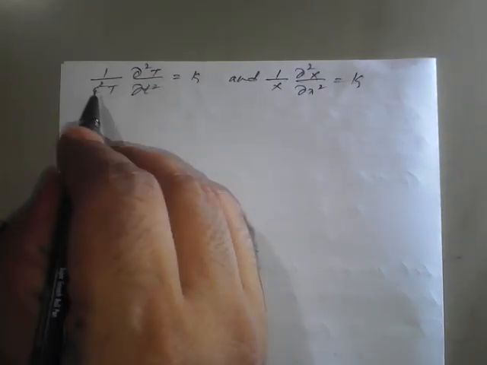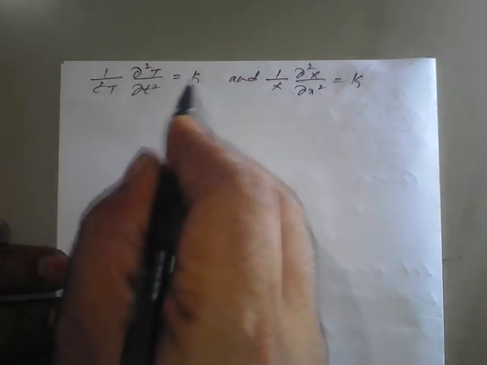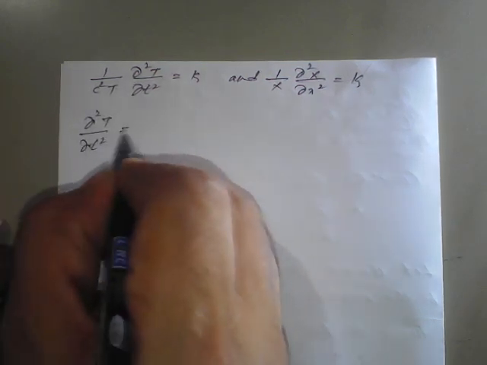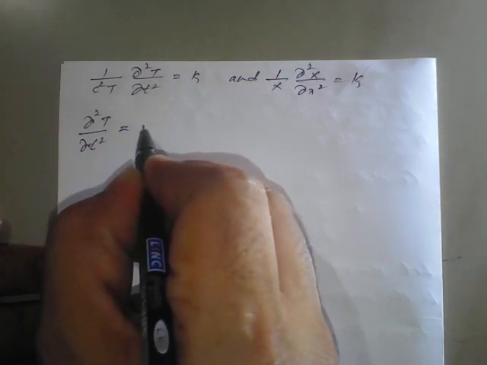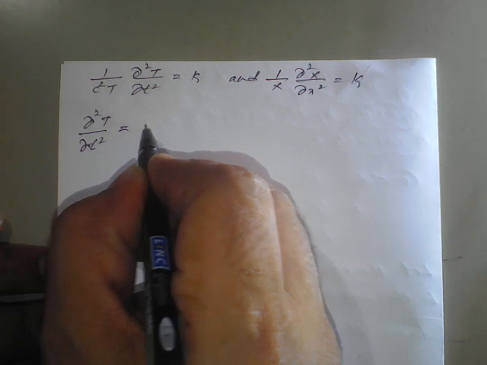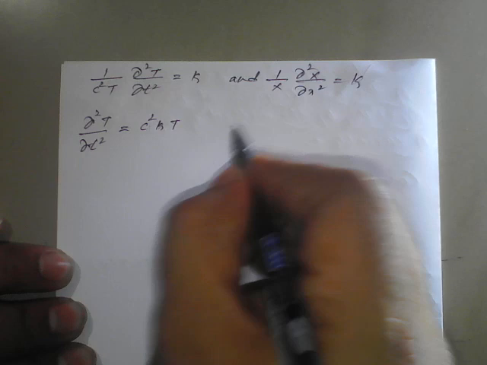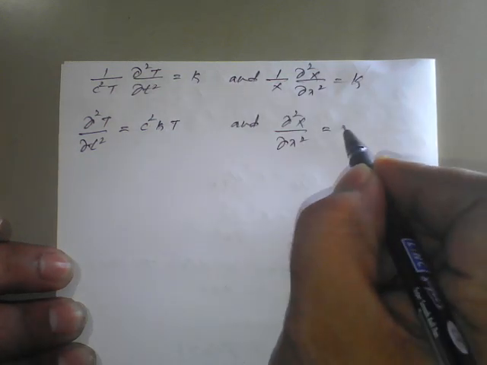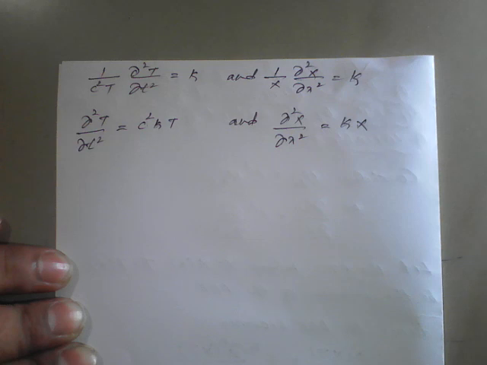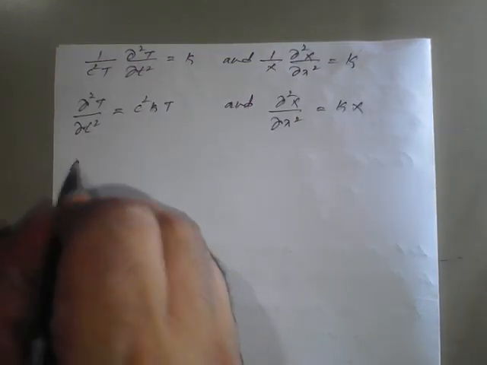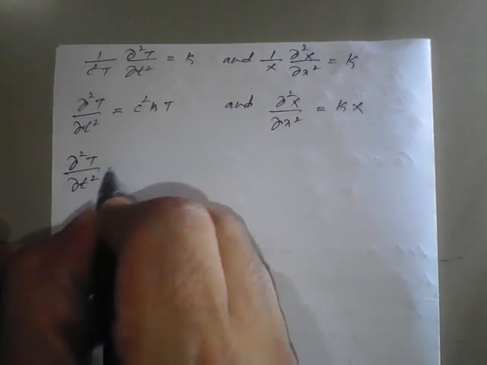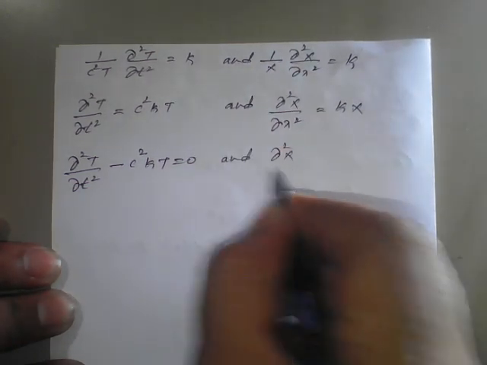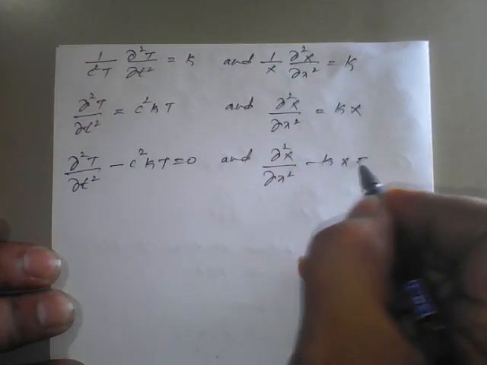Now rearranging, cross multiply c square T to the right hand side, which is multiplied with k, so it becomes del square T upon del t square is equal to c square k T, and here del square X upon del x square is equal to k into X. Which is nothing but del square T upon del t square minus c square kT equal to 0, and del square X upon del x square minus kX equal to 0.